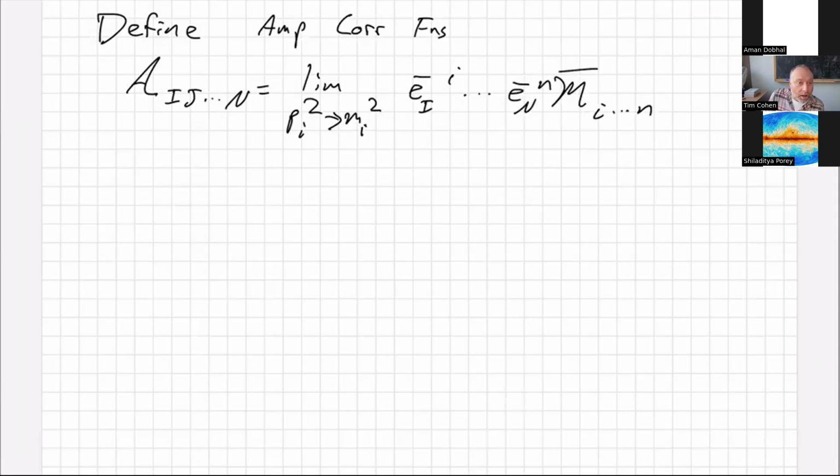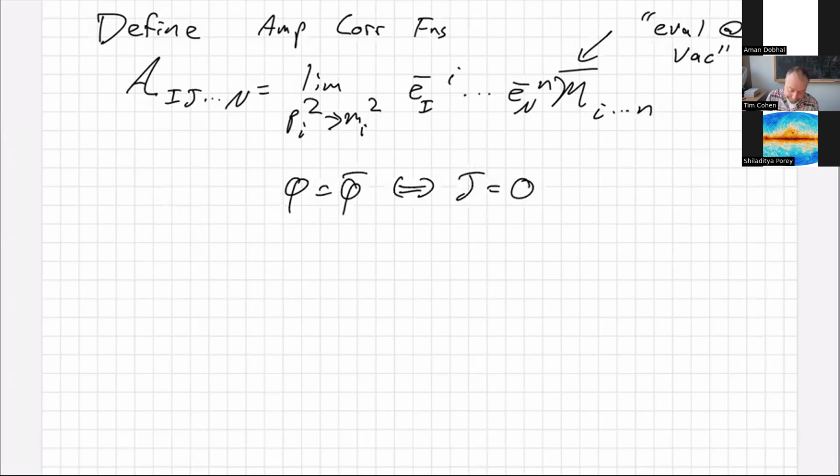Okay, so here this bar means evaluate at the vacuum. So impose the equations of motion, or in other words, phi equals phi bar is equivalent to taking the external currents to zero in the path integral.